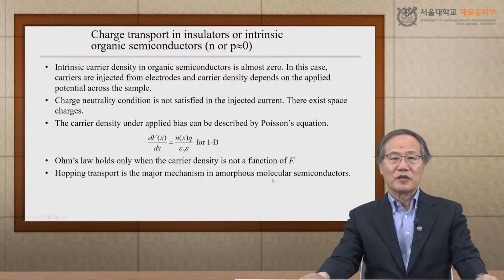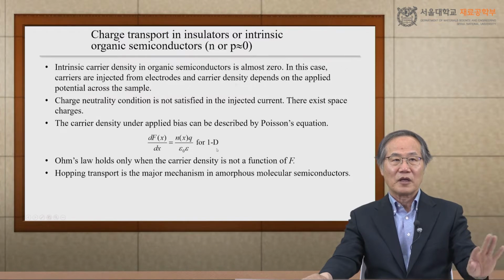This consideration leads to the carrier density calculation under applied bias, and that can be described by Poisson's equation shown in this equation here. Especially in OLED cases, we consider just the one-dimensional case under the assumption that it is homogeneous in the two-dimensional areas.